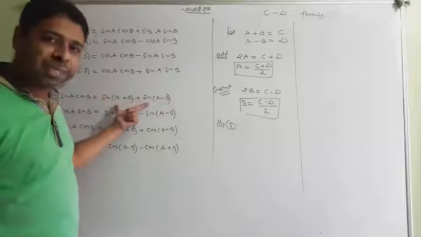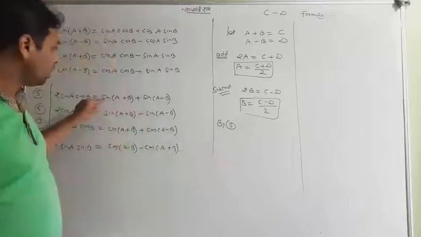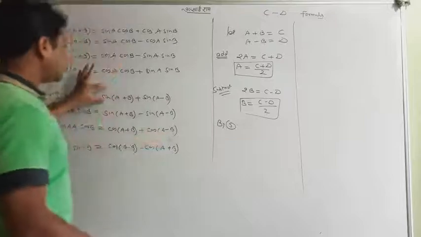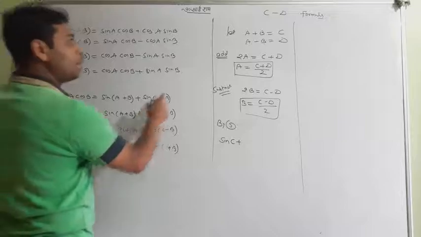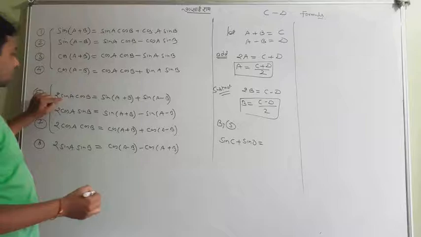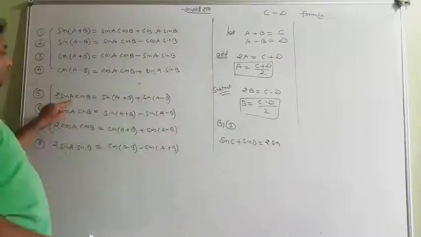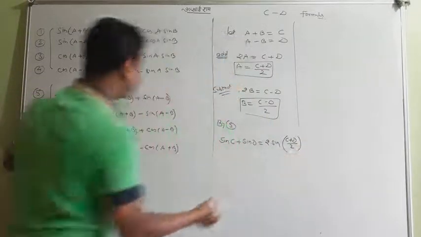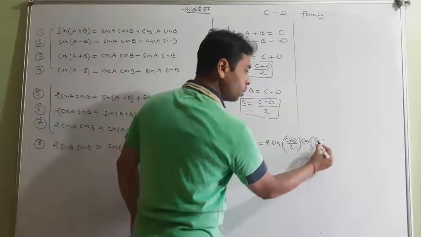I am writing first the right hand side of this formula. Look at sine A plus B. So what is A plus B? A plus B is C. So write sine C plus sine A minus B, which was D, sine D, is equal to 2 sine, instead of A I will write C plus D by 2, and instead of B I am writing C minus D by 2, cos C minus D by 2.